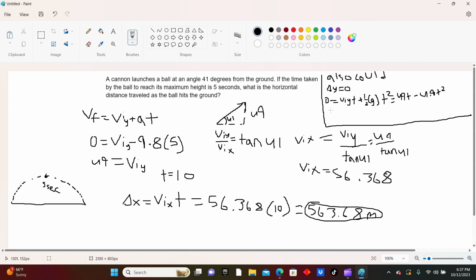If you solve for this, T would equal 10, and then delta X equals VIX T, which is equal to 56.368 times 10, and you get the same answer.